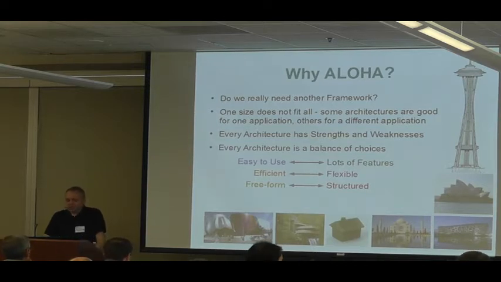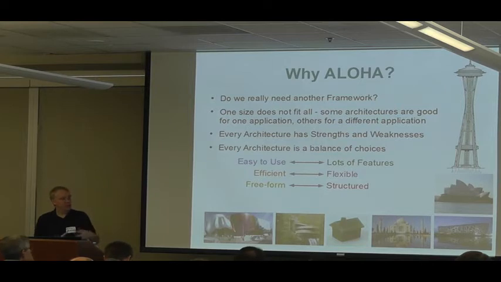And we noticed ourselves doing that and wanted to kind of confine the problem into something that was more specifically defined. So every architecture has good and bad points. Everything that you do when you make an architecture is about making a decision. And deciding to do something means you're deciding not to do something else.